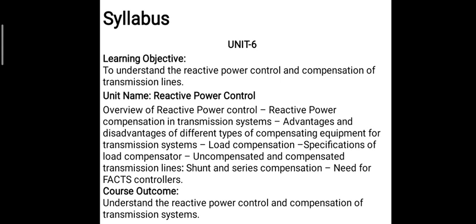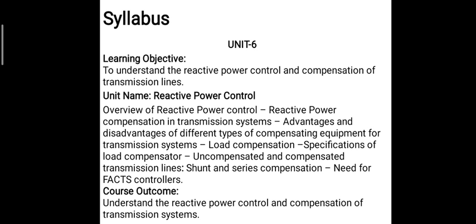That is, if we place the compensators in parallel, what will happen, and if these compensators are placed in series, then what will happen, and the need for FACTS controllers, that is flexible AC transmission systems, what they contain, and the combination and need of these FACTS controllers.